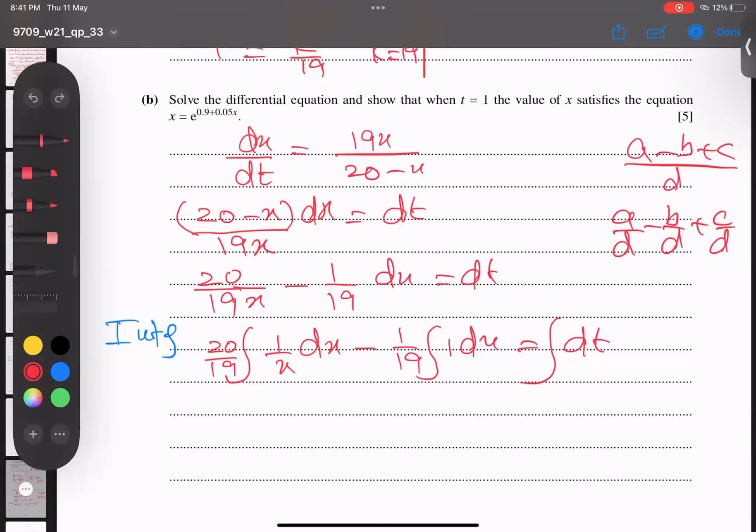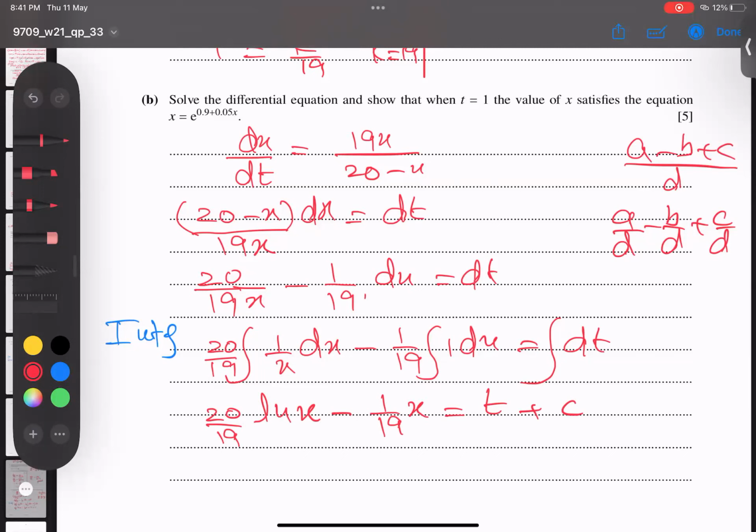If you don't like to bring them out, no problem at all. What is this answer? Function down and derivative up, so logarithm of x is coming from here. And the integration of 1 is x, so I get 1 over 19 times x. And here I get t only, plus c. I think up till here is clear.